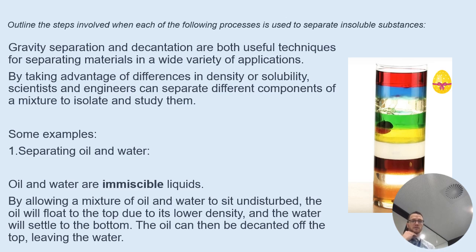Here are some examples. Separating oil and water, as we talked about. Oil is immiscible, a slightly different definition from soluble. We might do this as a demonstration, and you can make this at home using different densities. I've put the link to this PowerPoint in our OneNote. If you click on the little Easter egg, it shows how you can make this at home.